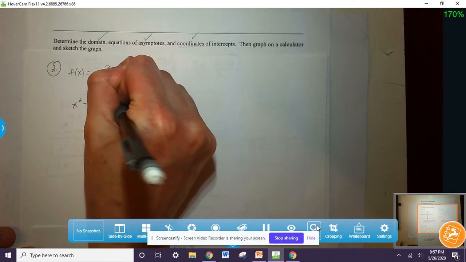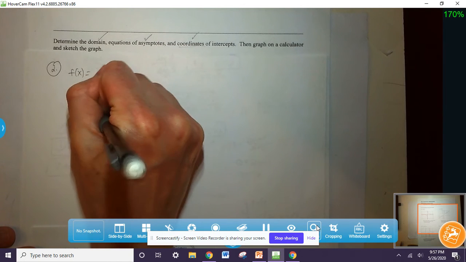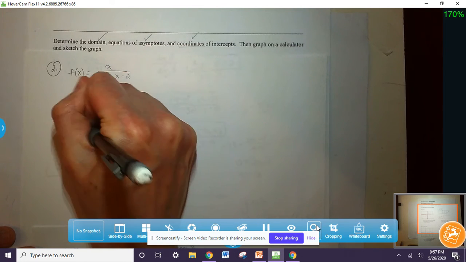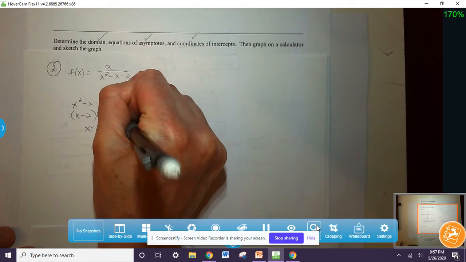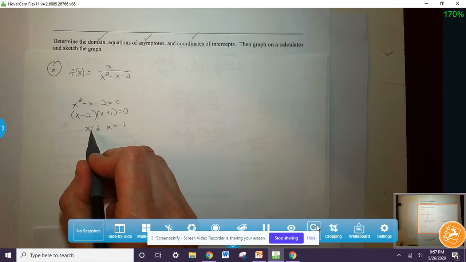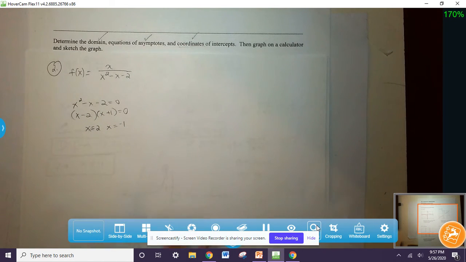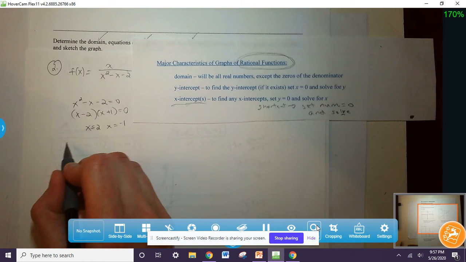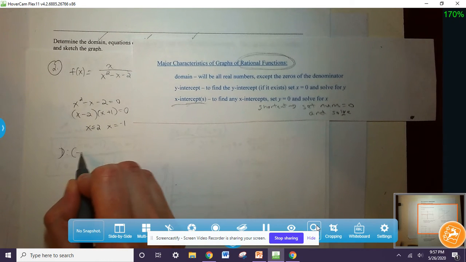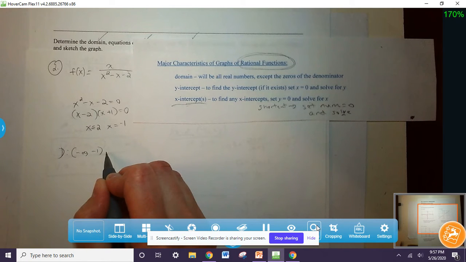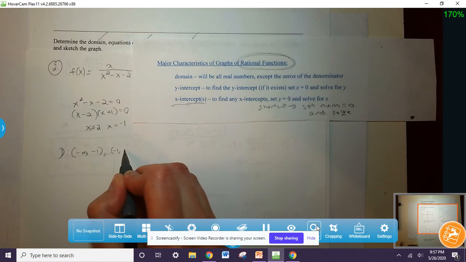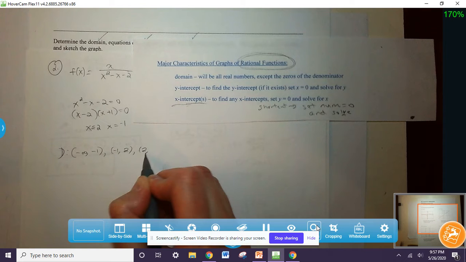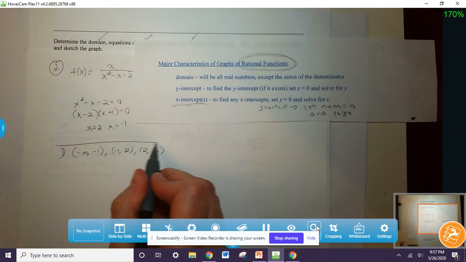This factors pretty nicely, so please don't use the quadratic formula on that one. And we actually end up with 2 restrictions here. So the domain is all real numbers except -1 and 2. And that's what that looks like in interval notation.